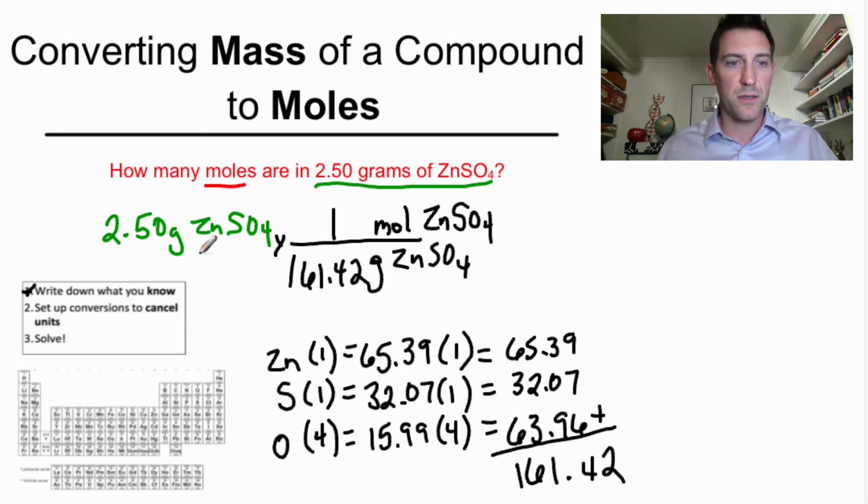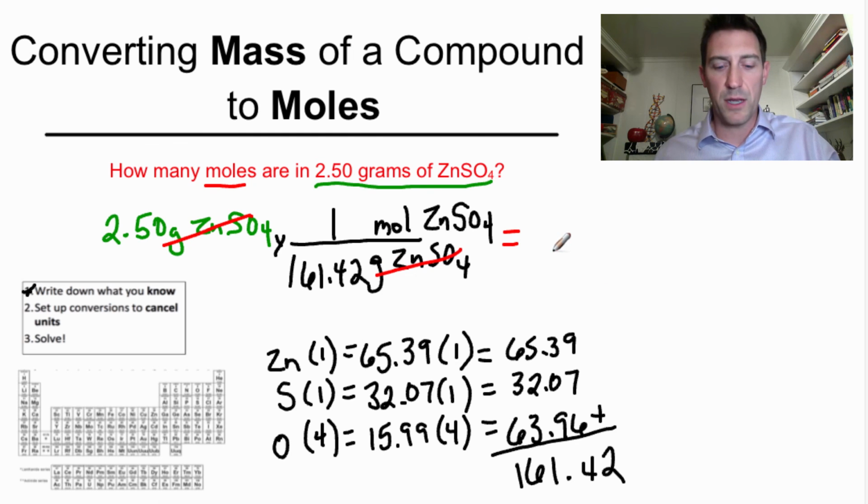Cancel some units. And here we go. We're left in moles of zinc sulfate, and that's what we want, moles of zinc sulfate. I take 2.50 divided by 161.42, and I'm going to get 0.015. I know that a lot of people like to put that 0 out in the front so they don't get confused. ZnSO4, or zinc sulfate.